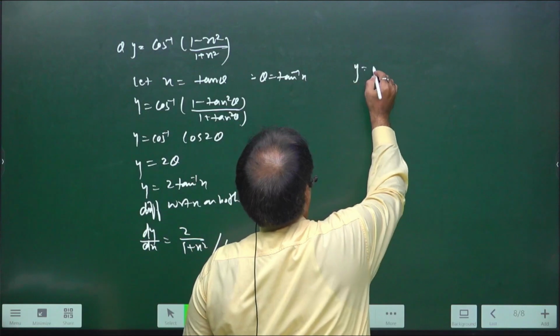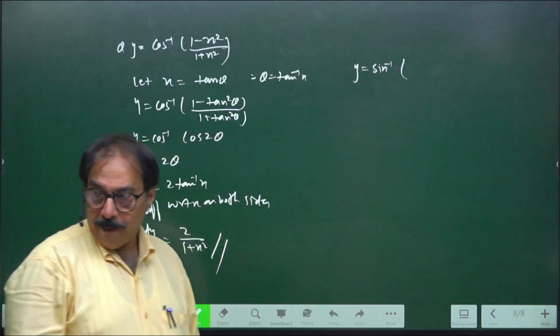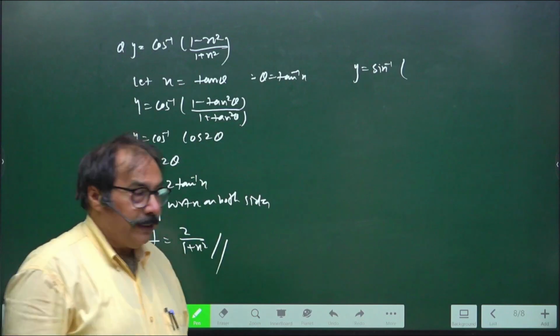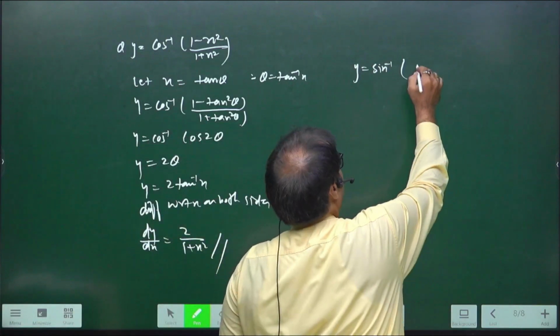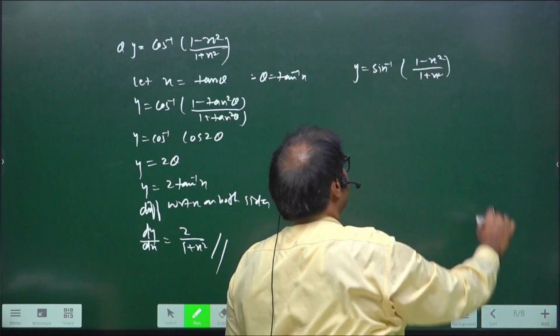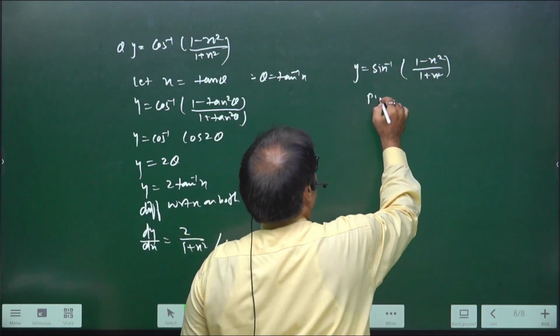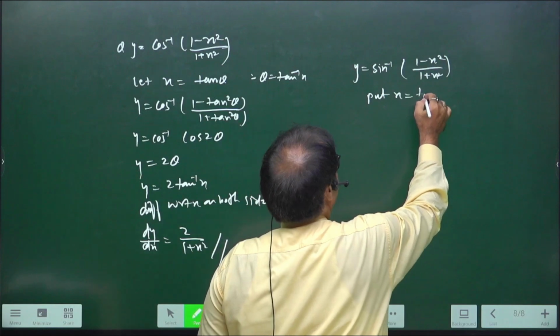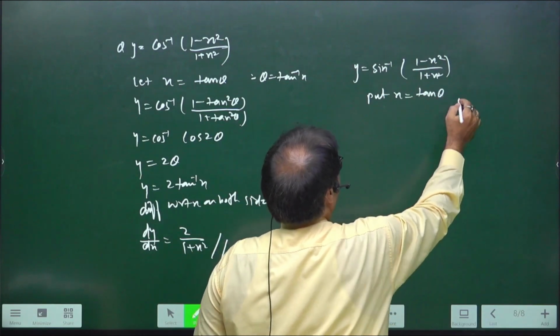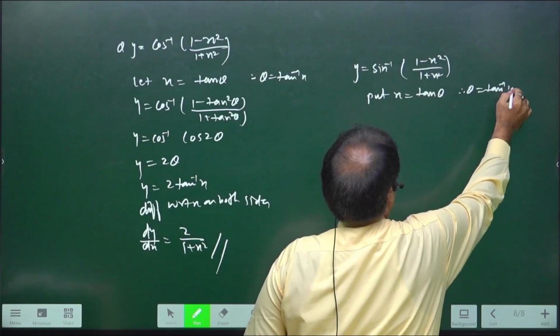if y is equal to sine inverse of (1 minus x square) upon (1 plus x square), right? So put x equals tan theta again here. So find the value of theta. Theta will be tan inverse x.